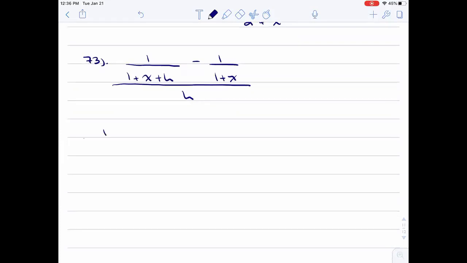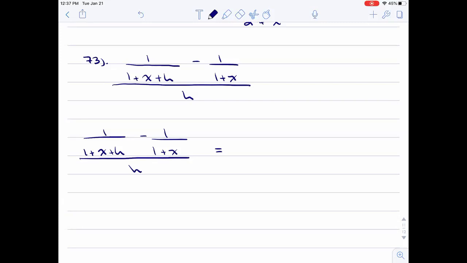So if you're still working on it, that's fine, but just get started here by writing out, because I suspect I'm going to need a lot of room on the right-hand side. First thing I'm going to do is get a common denominator in the numerator, right? And for me, this is my go-to trick, right?